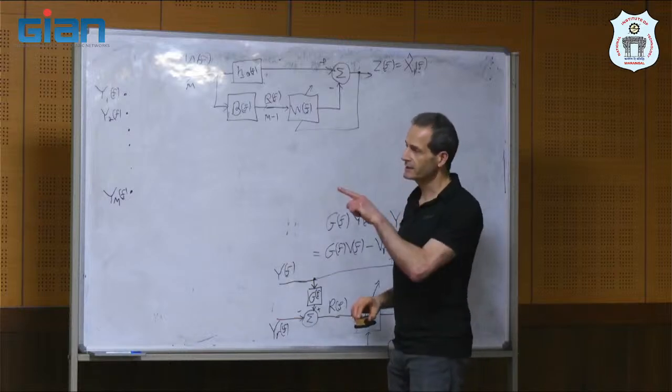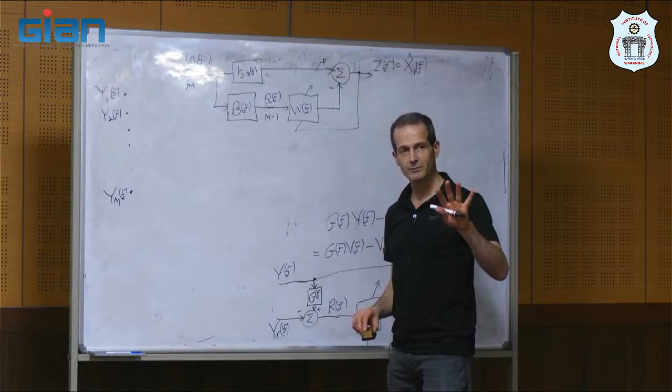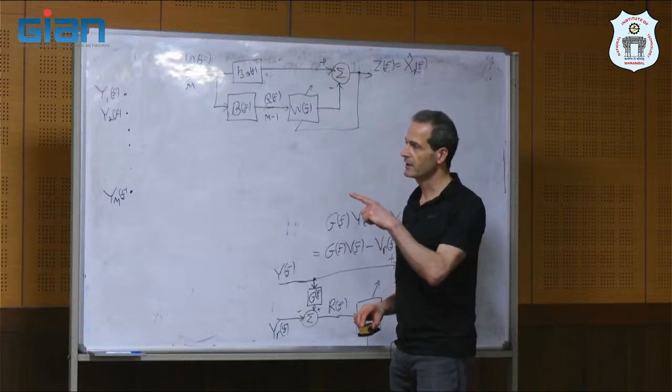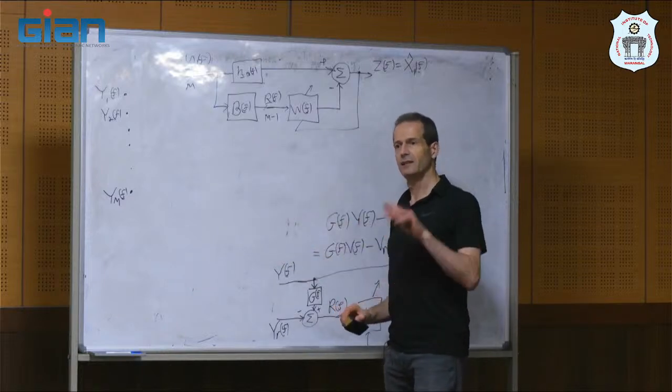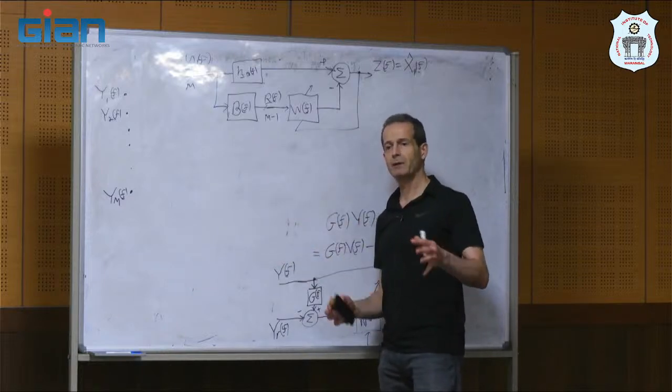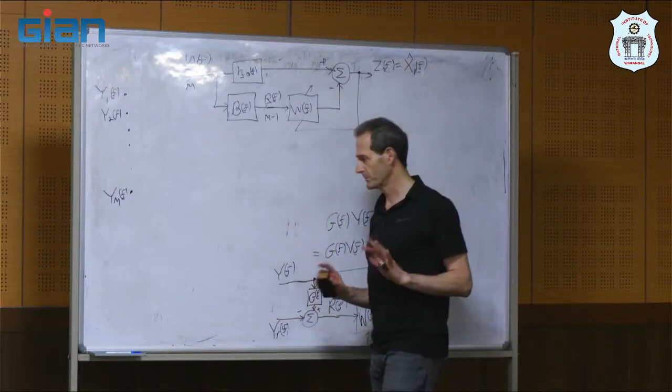There is a very nice paper, only 4 pages. So if you have time, read that paper. Its number in this chapter is number 17. Only 4 pages about the equivalence of LCMV and GSC. Nice paper.